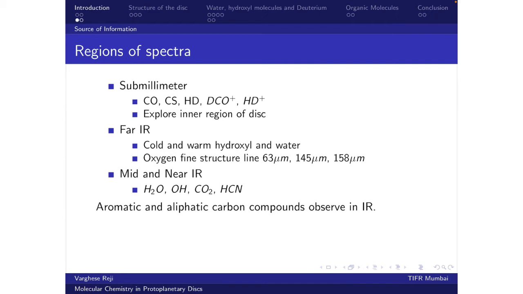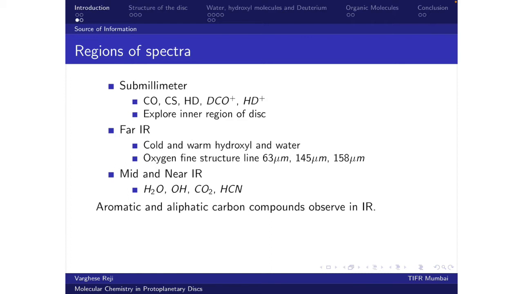We mostly study cold and warm OH and water molecules using far infrared. Oxygen fine structure lines at 63 micrometers, 145 micrometers, and 158 micrometers are also available. Lines of neutral carbon can also be seen in the spectrum.